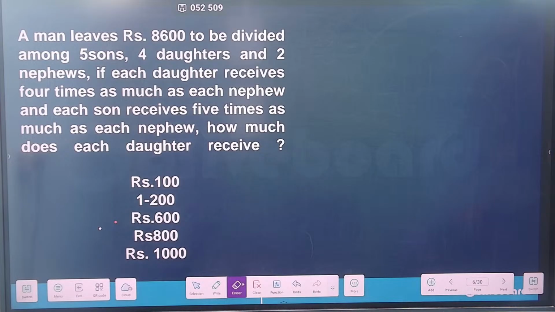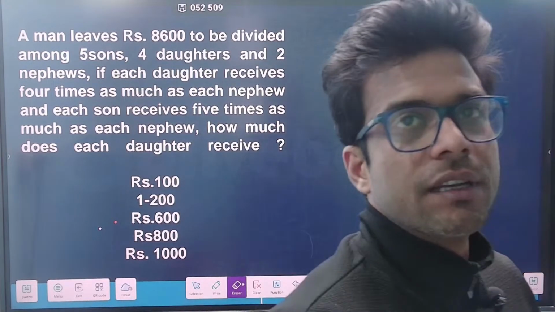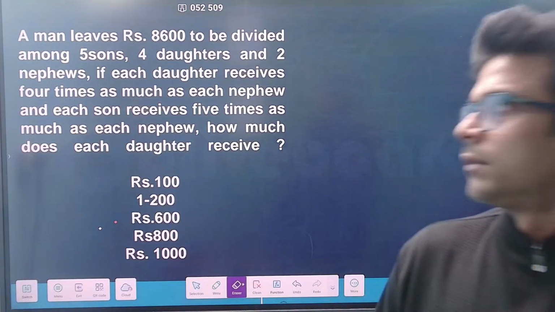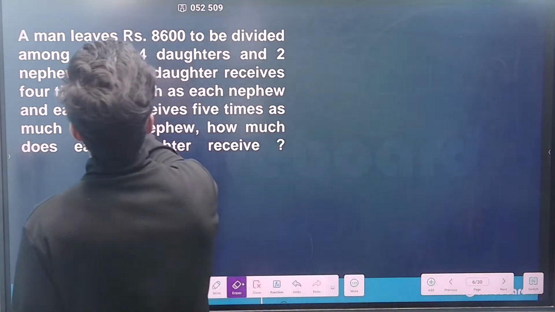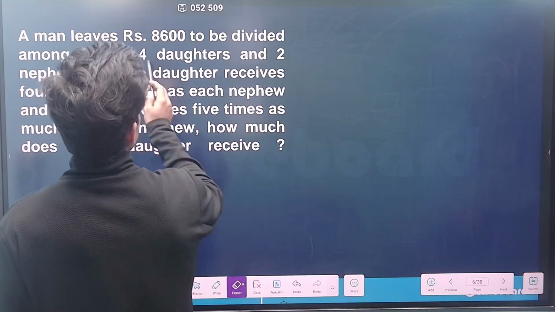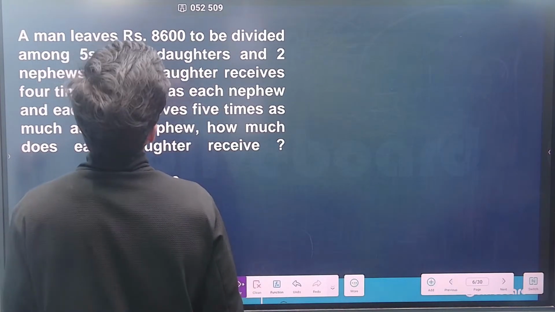A man leaves rupees 8,600 to be divided among 5 sons, 4 daughters, and 2 nephews. Say, is there anyone? So can I say that the ratio would be 5, 4, 9 and 2, 11.